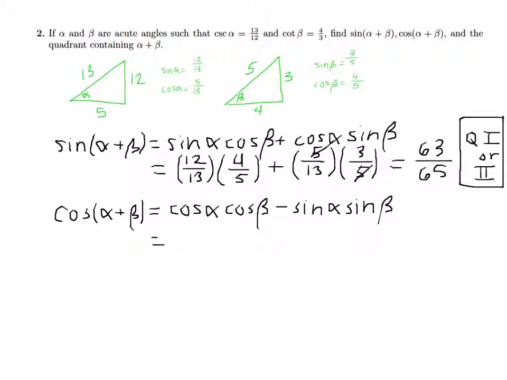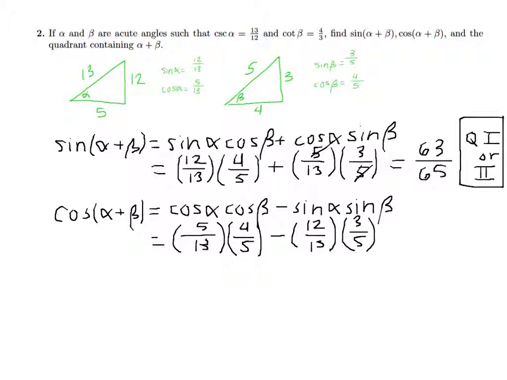So plugging in our numbers again, cosine of alpha is 5/13 times cosine of beta is 4/5 minus sine of alpha is 12/13 times sine of beta, which is 3/5. Again, simplifying, we can cross out the 5's here. So we have 4/13 minus these two fractions multiplied together, and that will equal negative 16 divided by 65.